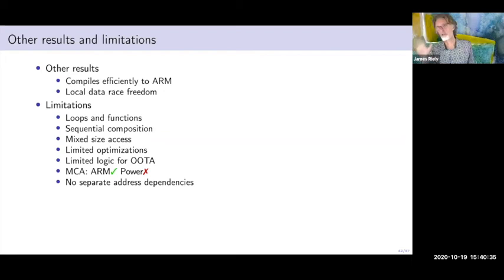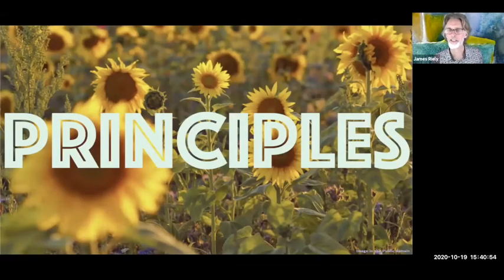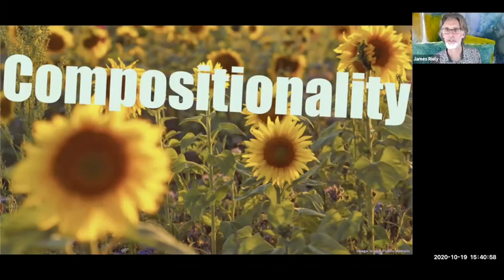And we are, of course, working on MCA. So that's good for most major architectures, but not for Power. And we didn't separate address dependencies from other dependencies. And that has some implications for things like Java final field semantics. Okay, so that's it. Let me just remind you what we did. We started with some principles, and those were compositionality.